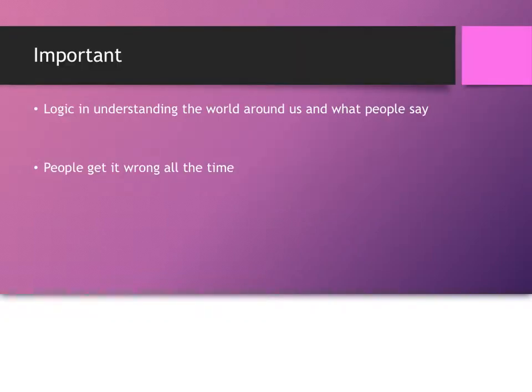All right. The reason we're doing this is that logic is important in understanding what people are saying and understanding how the world is working. Another reason that it's in this book, in this course, is that people get it wrong all the time.